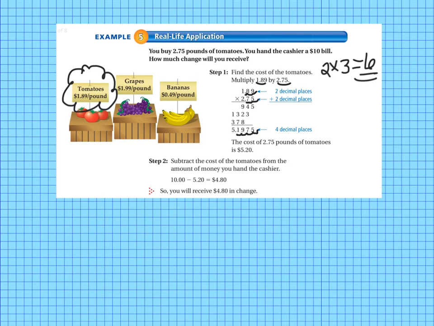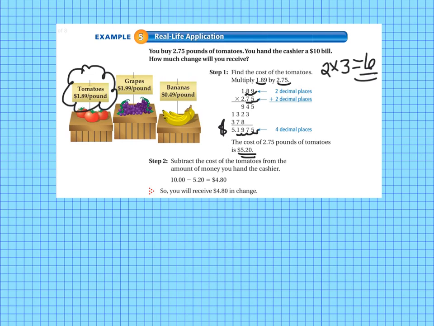So the cost of 2.75 pounds of tomatoes is $5.20. So that's rounded because it's money, and you don't go to the grocery store and have them charge you these funny amounts of money. They round it to the hundredths place.